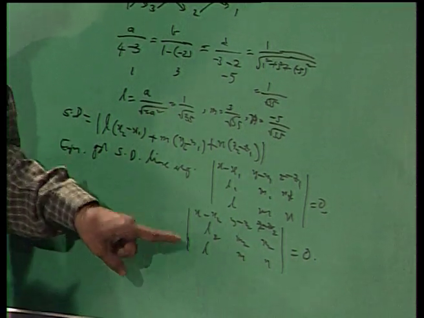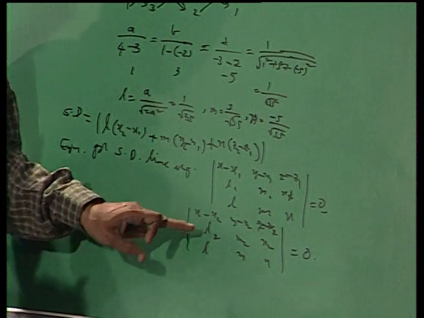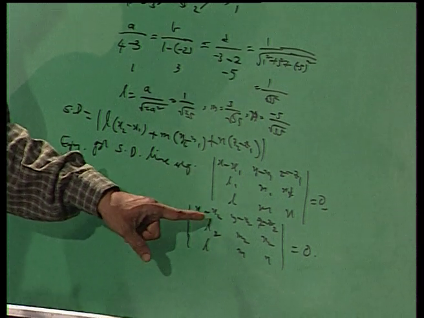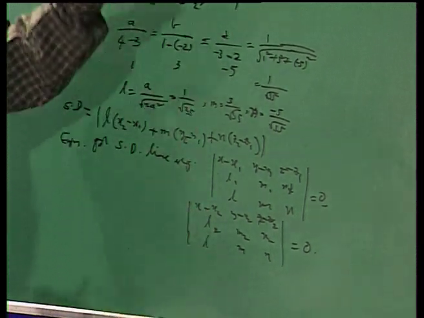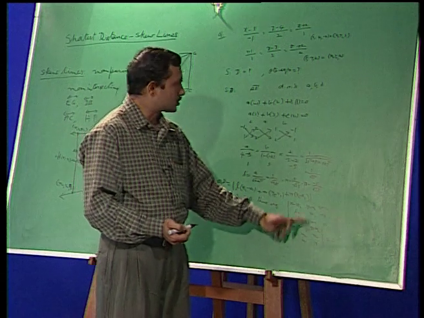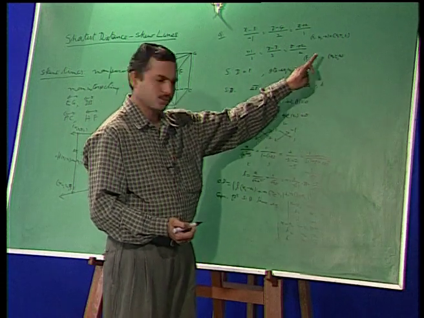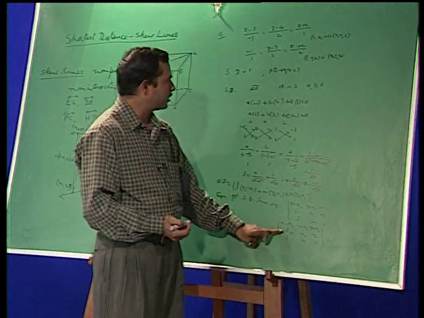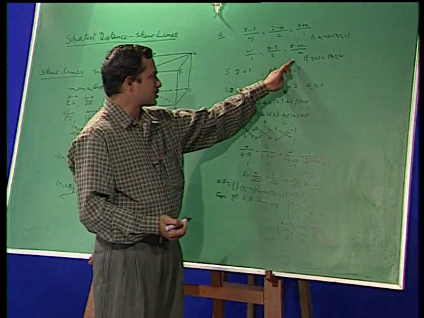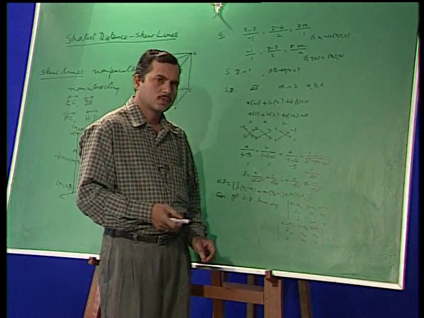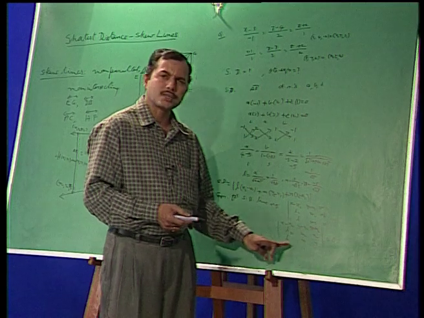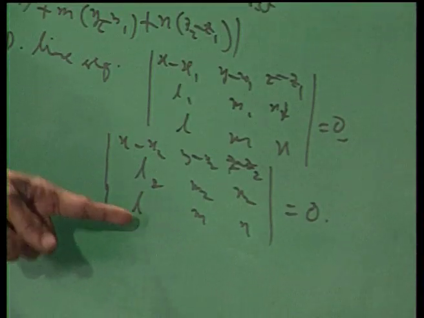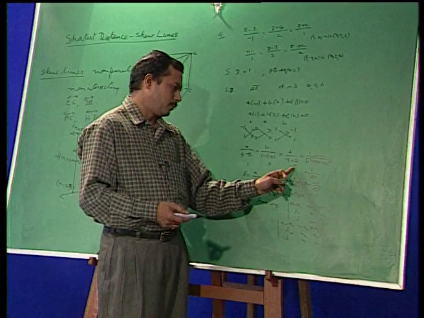Similarly, the second equation is also an equation of a plane. Here x2, y2, z2 is a fixed point through which the second line passes. We can take x2, y2, z2 to be the ordered triple 1, 7, 2 and l2, m2, n2 are the direction ratios of the second line. They are 1, 3, 2 respectively. Here l, m, n may be taken to be the direction ratios of the shortest distance line segment. Therefore, those may be taken to be 1, 3, minus 5.